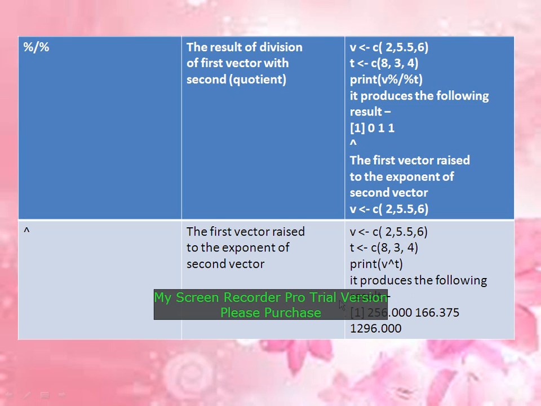It produces the following result. Exponent: 2 power 8 is 256. 5.5 power 3 is 166.375. 6 power 4 is 1296.